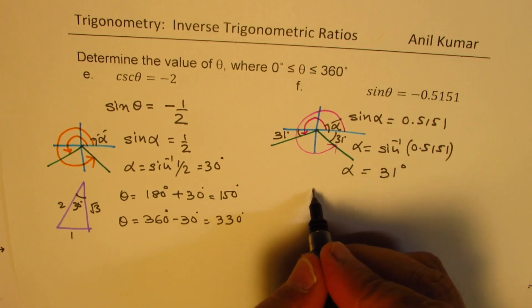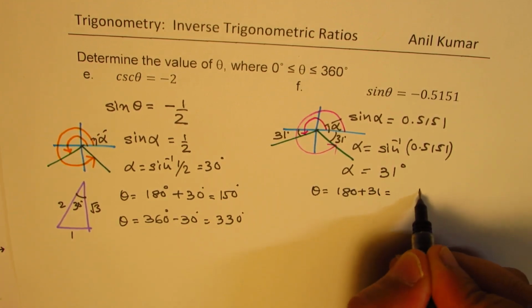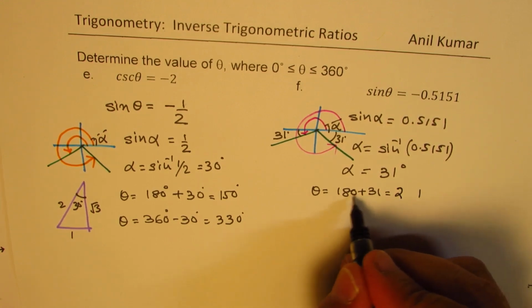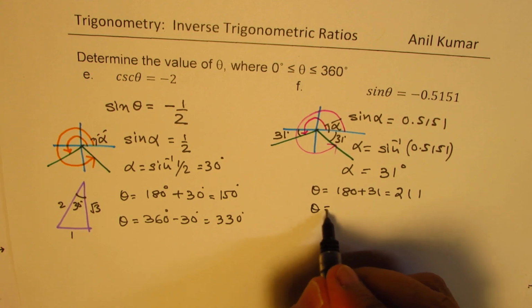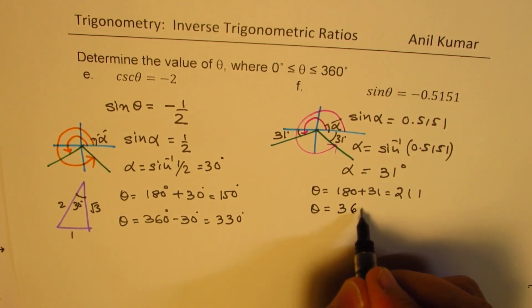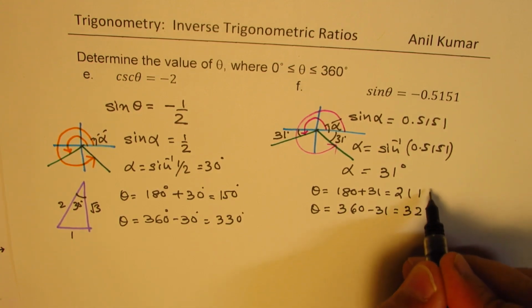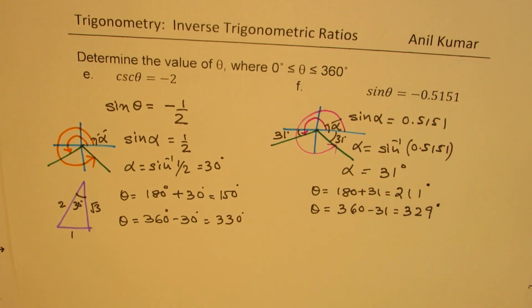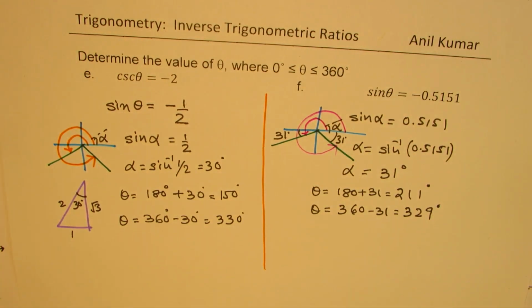So we get the angle theta equal to 180 plus 31, which is 211, and the other one is theta equals 360 minus 31, which is 329 degrees. So these are the two angles for the given condition. I hope these steps are absolutely clear, and you must have understood by now how to use the calculator to find this answer.